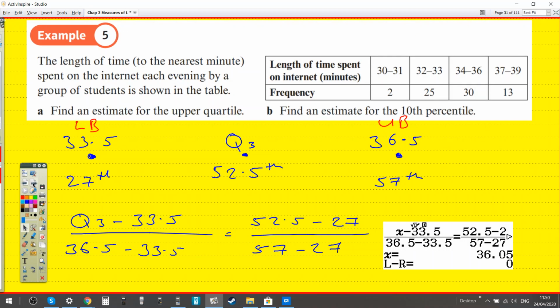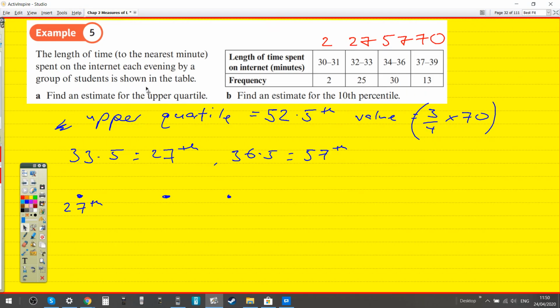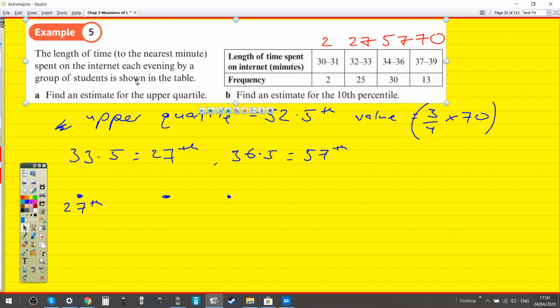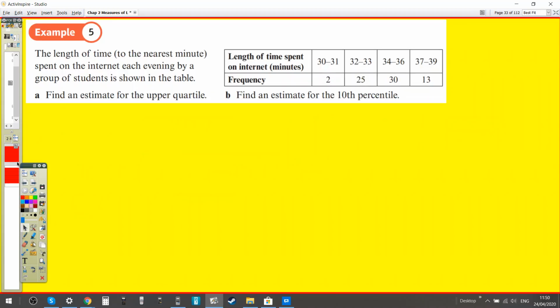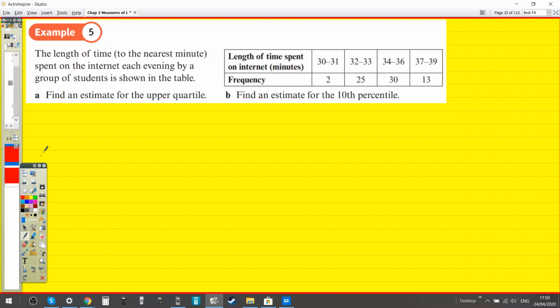No. So now let's try it again, but with the 10th percentile. So how can we do this with the 10th percentile?